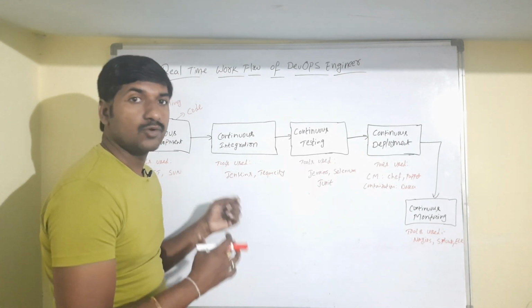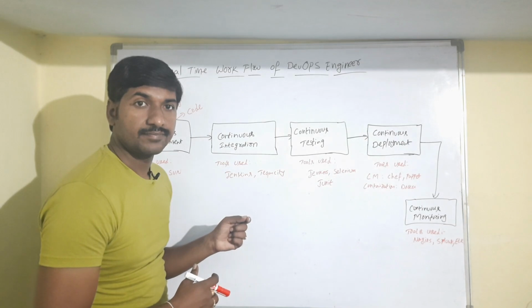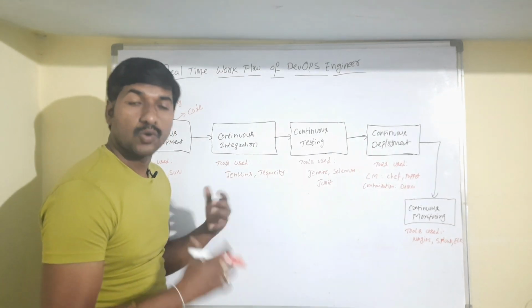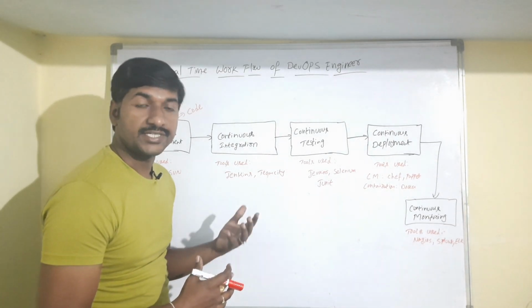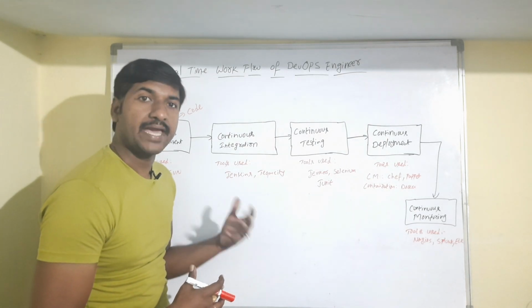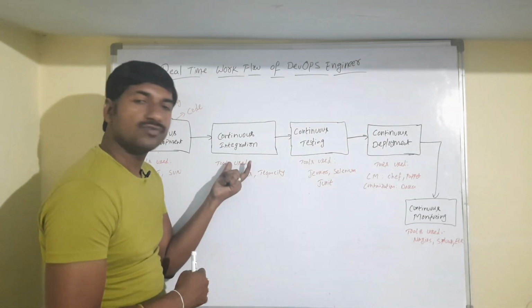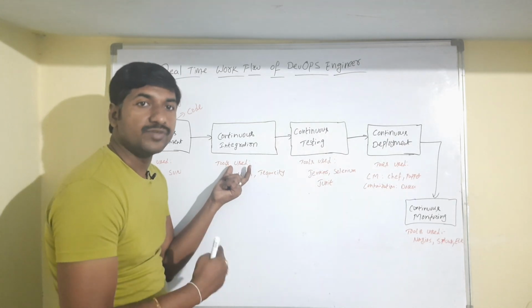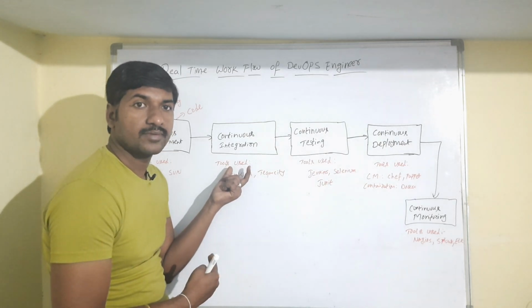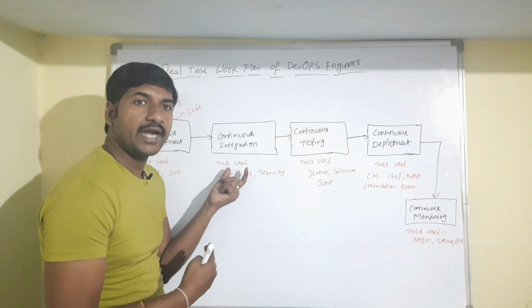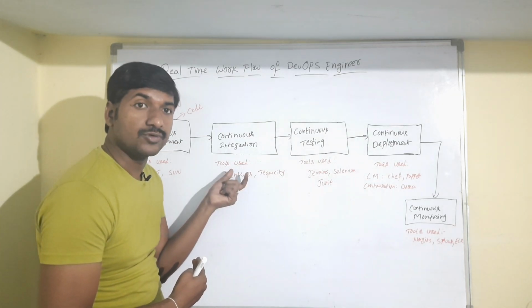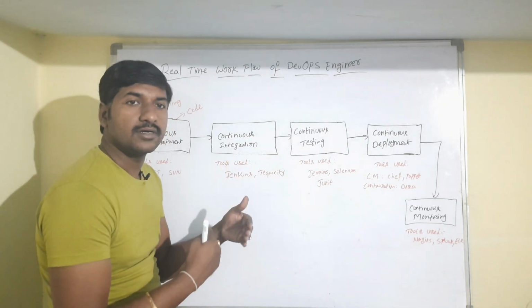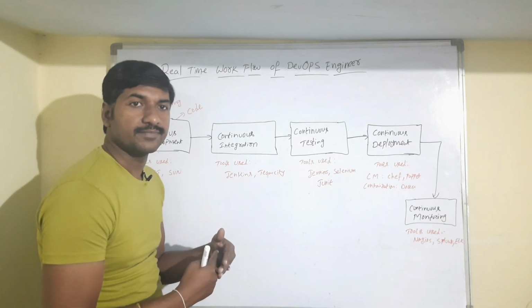Here building code means not only compilation, it also includes code review, unit testing, integration testing, and packaging. So in this stage you keep on adding new features to the existing code. Okay, after adding new functionalities to the existing code, that means you are doing continuous integration.